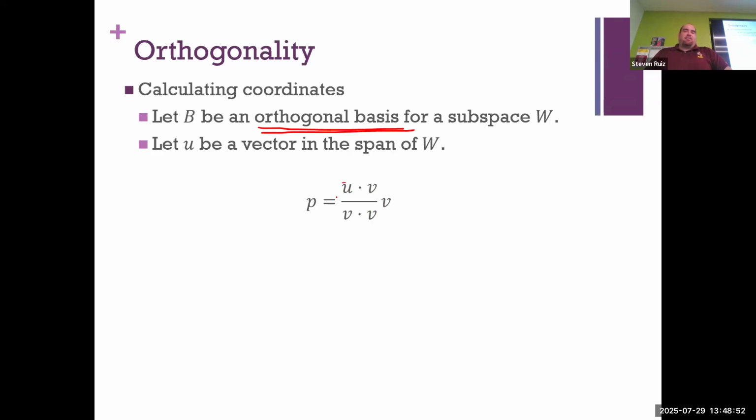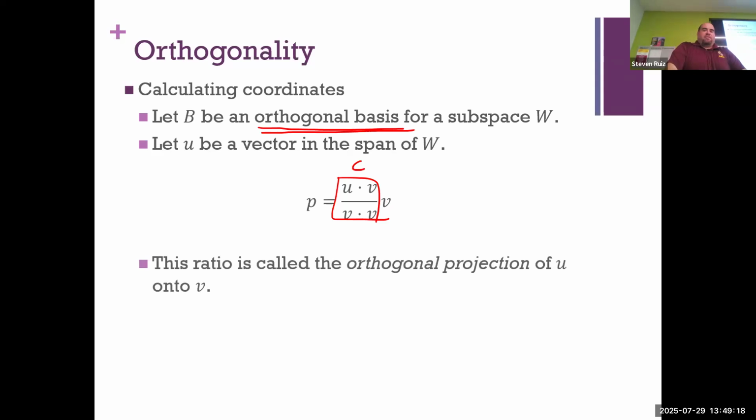We did two different dot products. One of u dot v and the other one with v dotted with itself. And we multiplied that ratio by whatever the vector is. So basically this right here gives you a c value, and then c times v tells you what combination of that vector do I need to get the vector in my span that I actually care about. So this is called an orthogonal projection.